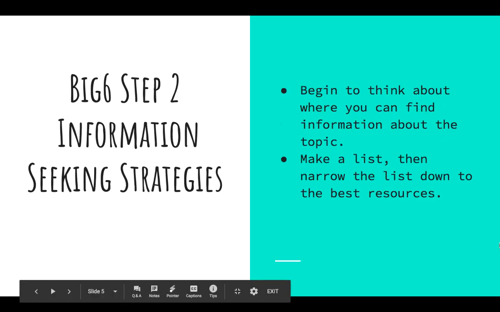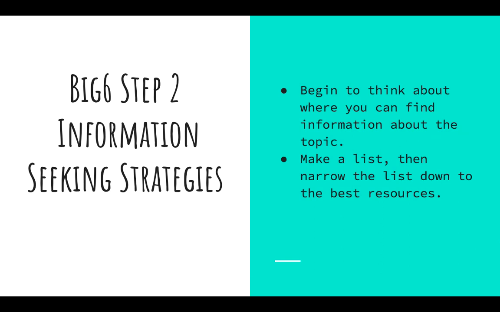Step number 2 is looking for information, seeking strategies. This is when you're thinking about, okay, where do I find my resources? I recommend making a big list and then narrowing down: for my topic, or for my purposes this research go-round, these are probably the best resources for me.